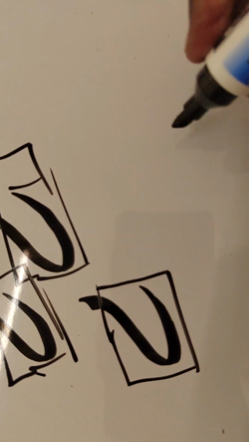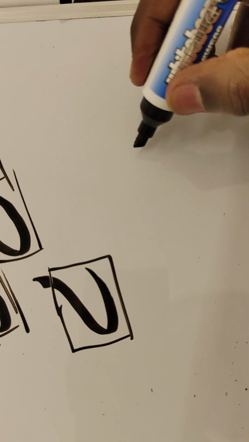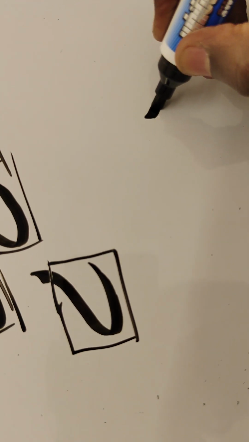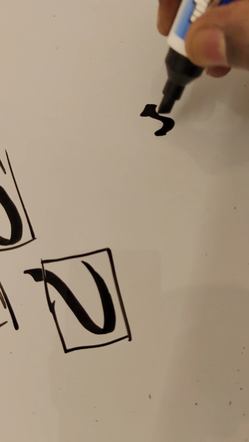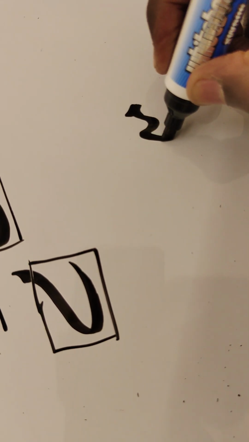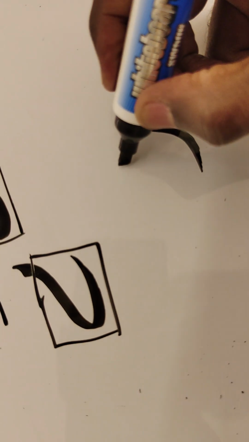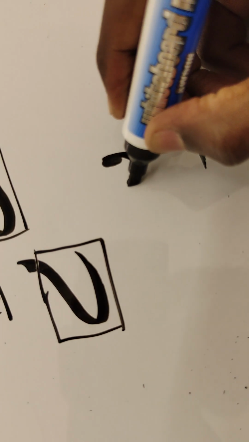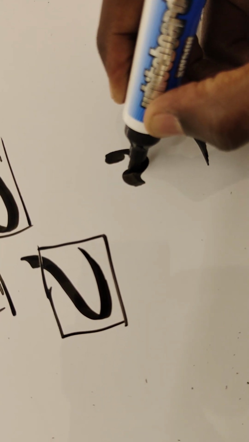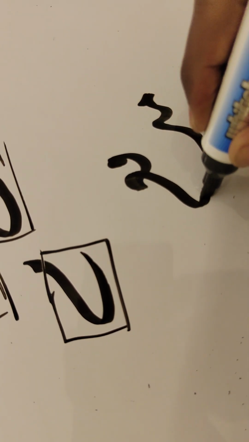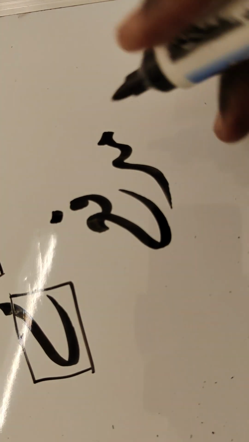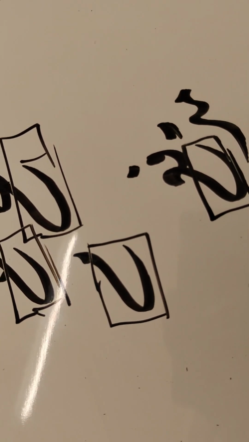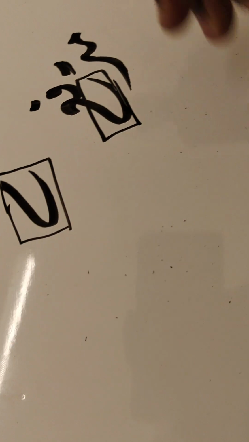Let's see an example, a word with that here. You're saying the word madfa. So we are using this version of Ain, because we have been using other versions.